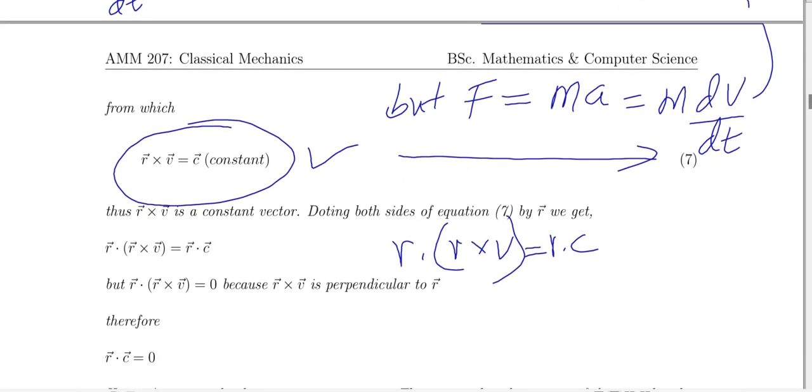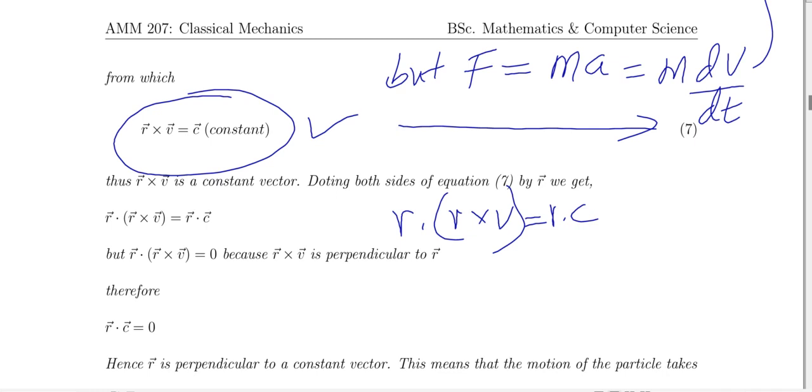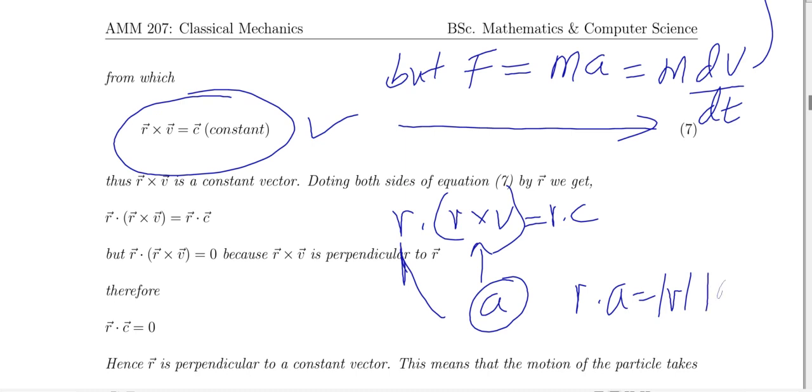Then the left-hand side becomes the triple product, which is 0. Because now R cross V is a vector which is perpendicular to R. If we call this vector A, it will be perpendicular to R. And remember, when we write R dot A, this is the magnitude of R times the magnitude of A times cosine of theta, the angle between them.